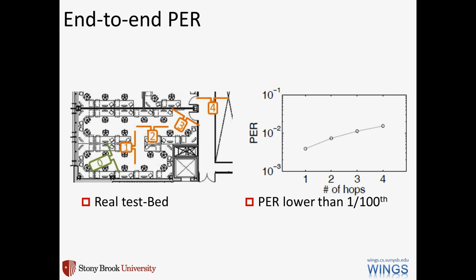We also run the end-to-end packet error rate in a real test bed. We achieve lower than 100 packet error rate over 4 hops. We don't assume any unrealistic scenarios. This is a very realistic scenario, and we perform very robustly.